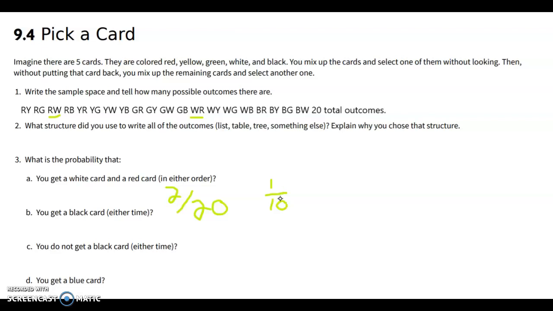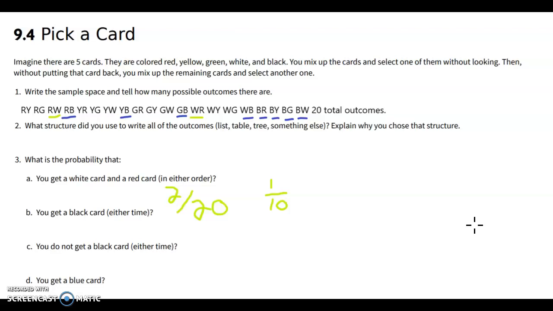All right, you get a black card either time, okay? So let's look at all the times the black comes up in here. In our first set, we have black right here, black right here, black right here, and then this is a black, this is a black, this is a black, and this is a black, right?